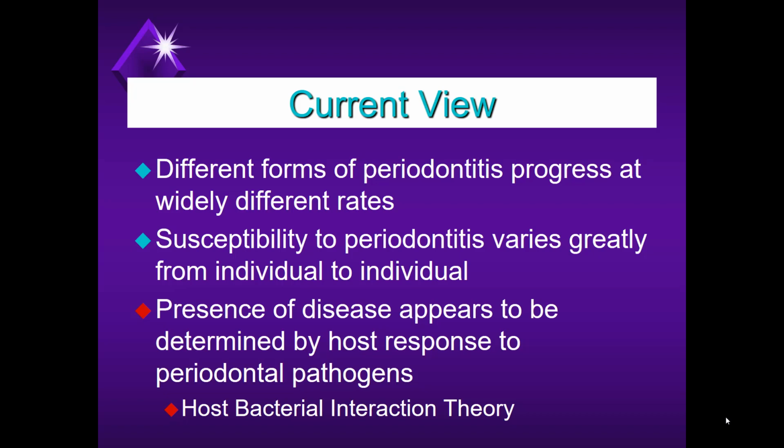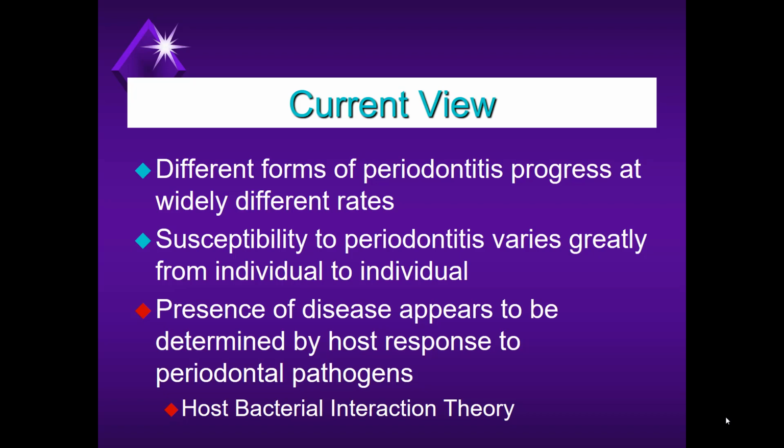So susceptibility to periodontitis varies greatly between individuals, and the presence of disease appears to be determined by the host response to the periodontal pathogens and not just due to the periodontal pathogens. For example, one patient may have high proportions of microorganisms but not be susceptible and not break down.